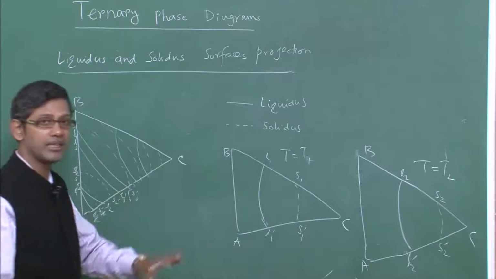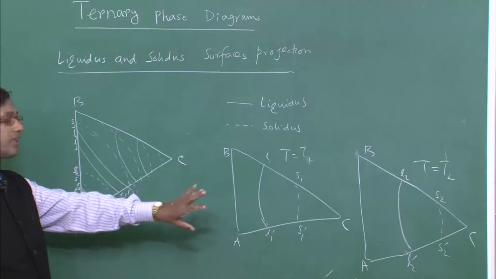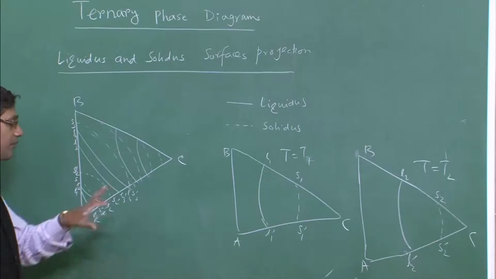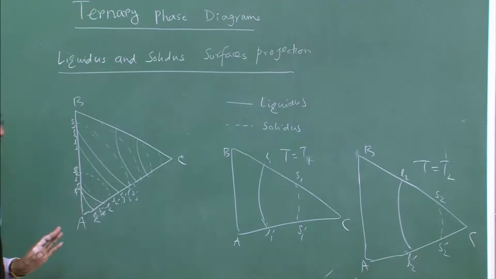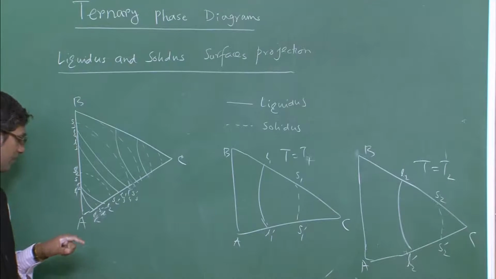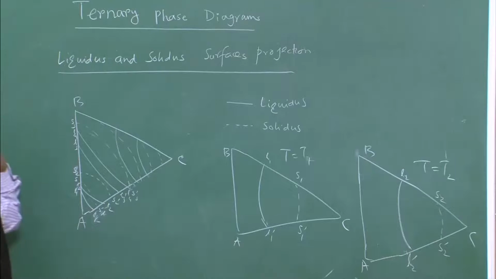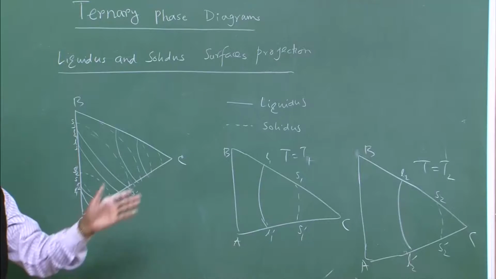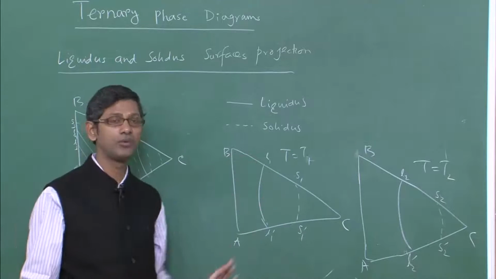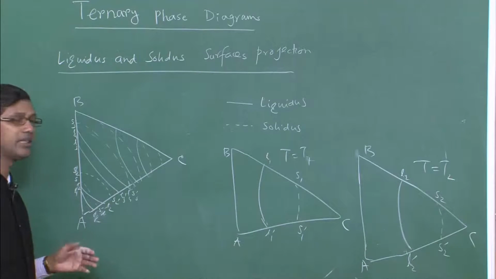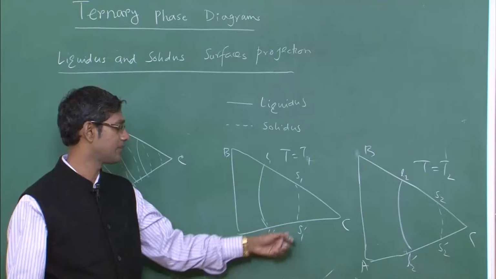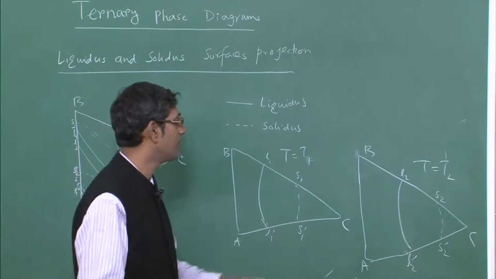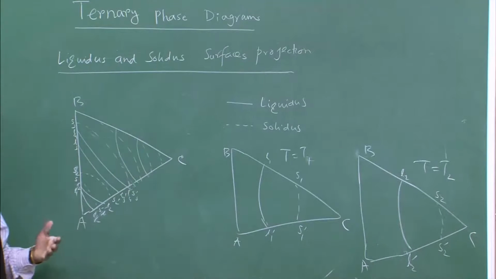I am drawing these sections at different temperatures, and then all the sections are projected onto the Gibbs triangle. That is what the liquidus and solidus surface projection means. It means that I draw these triangles at different temperatures T1, T2, T3, T4, T5, T6, T7, T8, whatever, and then I get these isothermal sections, and all these isothermal sections are projected onto the Gibbs triangle. That is what I am doing.